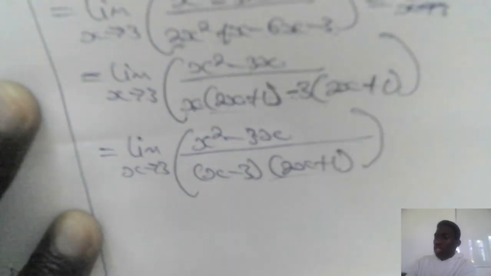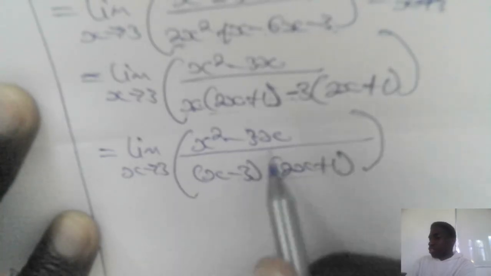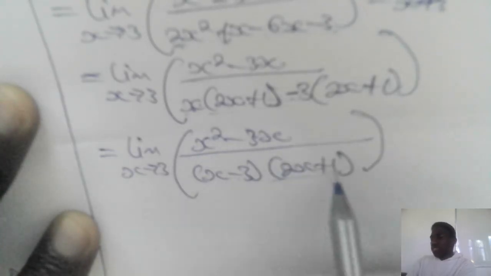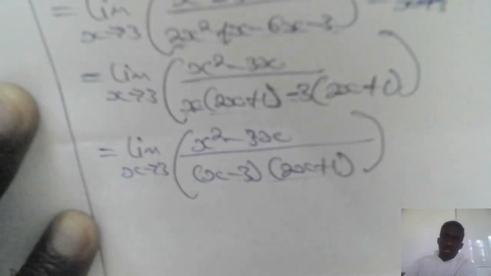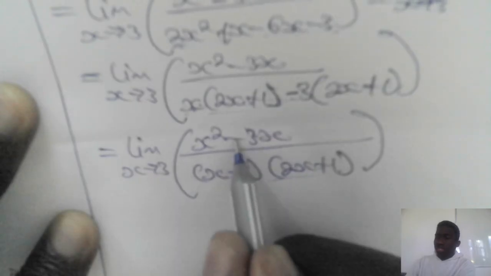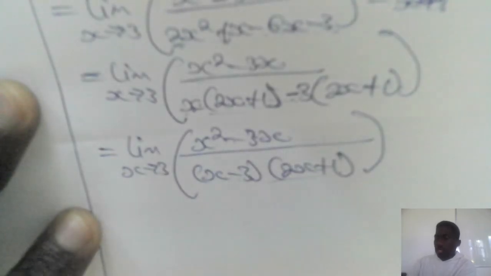Now we have factorized the denominator successfully. But can anything cancel out at this point? No, because this is x minus 3, and this is x squared minus 3x, and this is 2x plus 1. So this cannot cancel with this because they are not the same, and this can't cancel this either. So what can we do? Because we need to cancel out something.